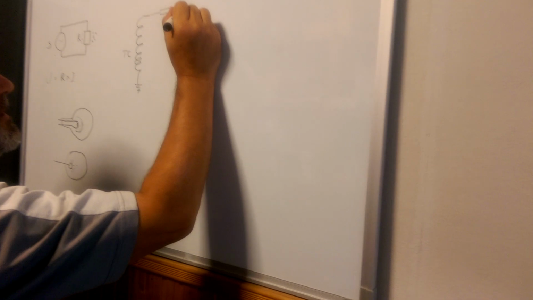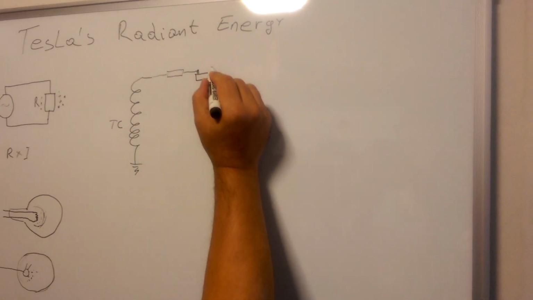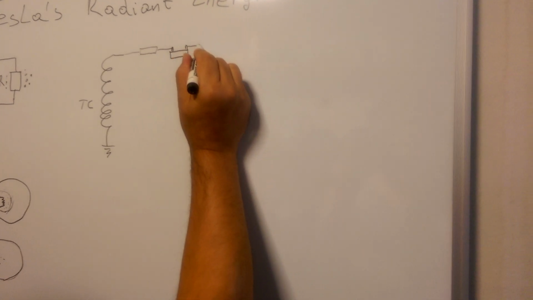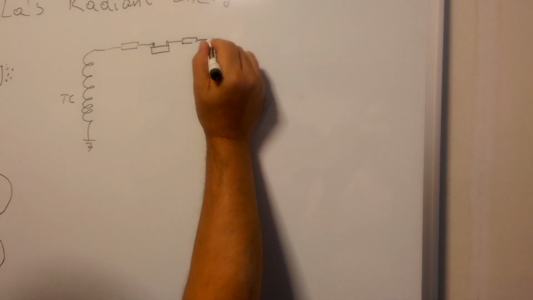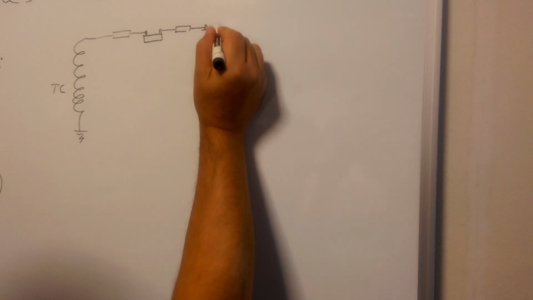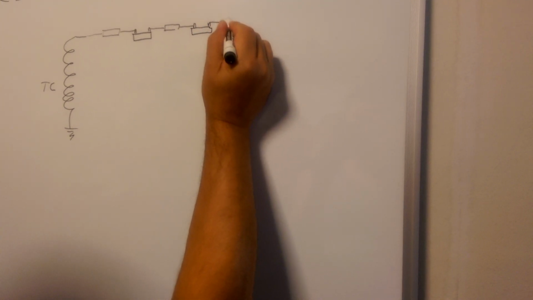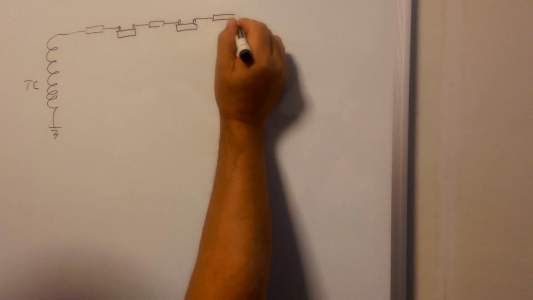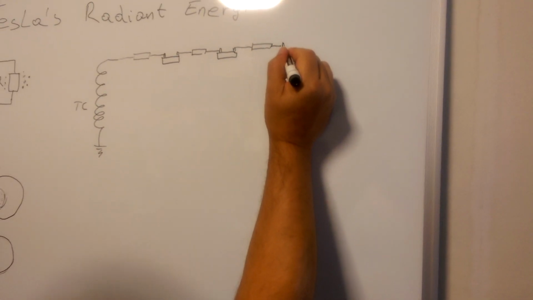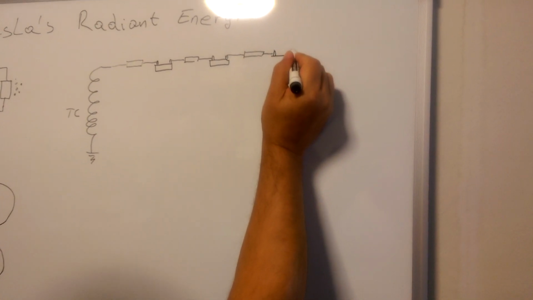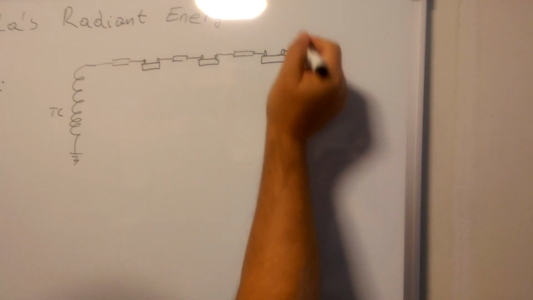It was a 15 nano capacitor, then a resistor again, then a capacitor again, and I put many of them in line, and it is simply a wire which finishes.